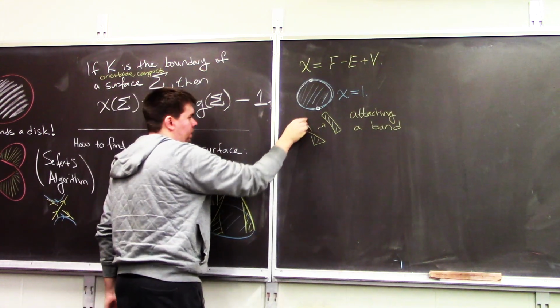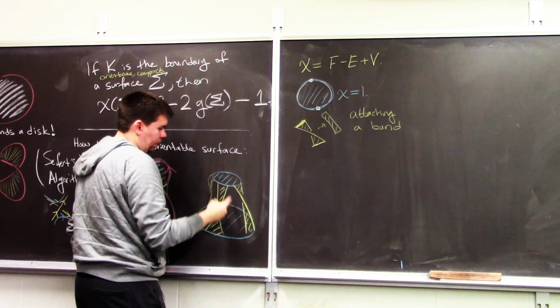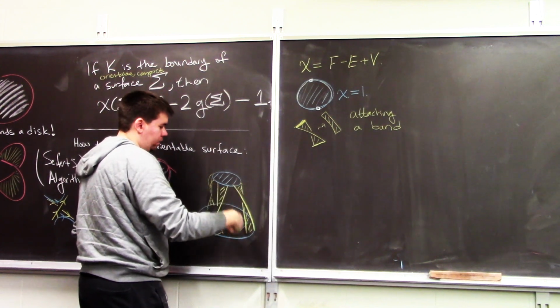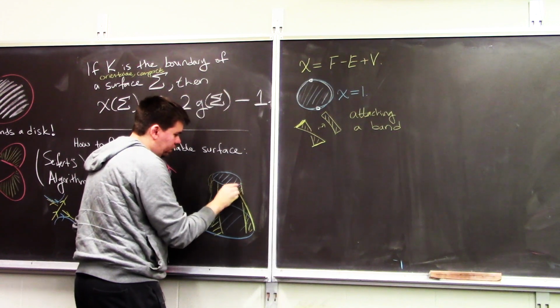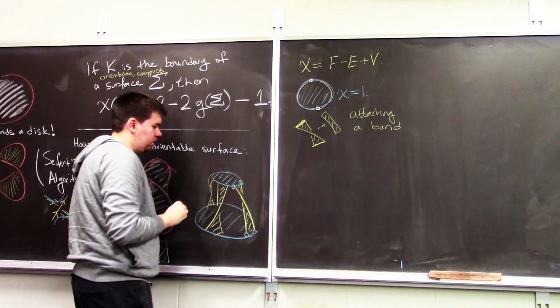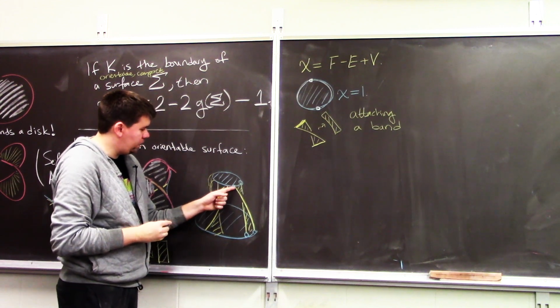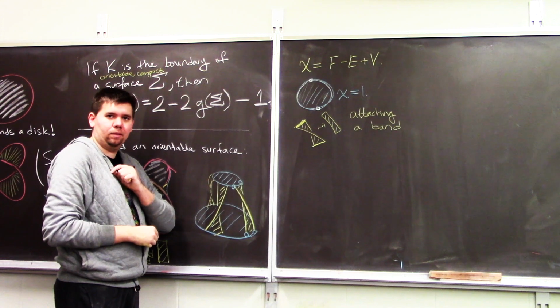Well, the top and bottom of the band isn't contributing anything because that vertex was already there and those edges were already there as part of the circle. So that would have already been counted when you count the Euler characteristic of the circle. So all you've done is added 2 edges and 1 face.